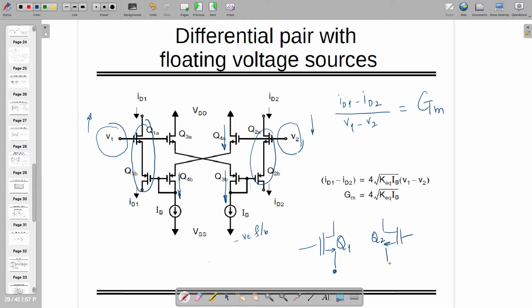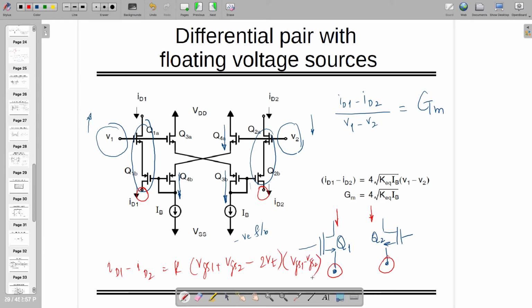whose this part is here, this part is here, and this is ID1 and ID2. The whole setup was just to make sure that the current mirrored will give you the current which is required, right? So for this one you can write down ID1 minus ID2 without having any problem, which is the same as what we learned, right?